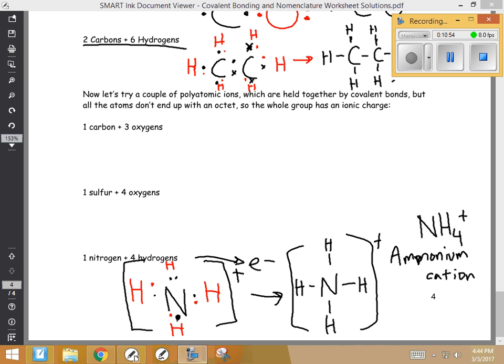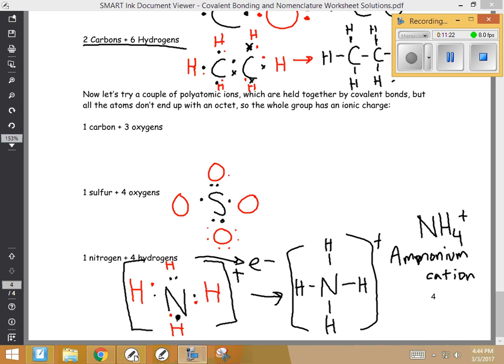Now we're going to do the sulfate ion. Sulfur has 1, 2, 3, 4, 5, and 6 electrons, just like oxygen. And, whoops, even oxygen. We got four of them. And I'm going to start running out of room, but I'll give this a shot. 1, 2, 3, 4, 5, 6.